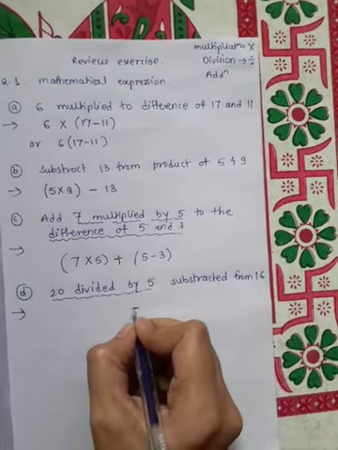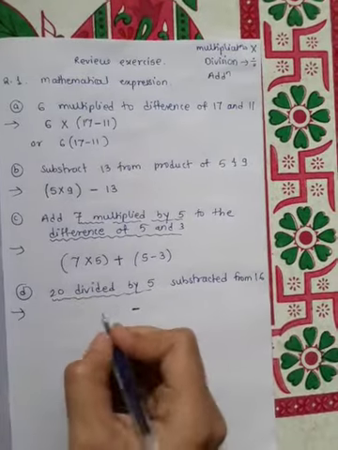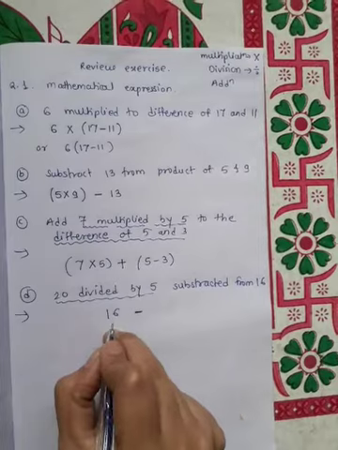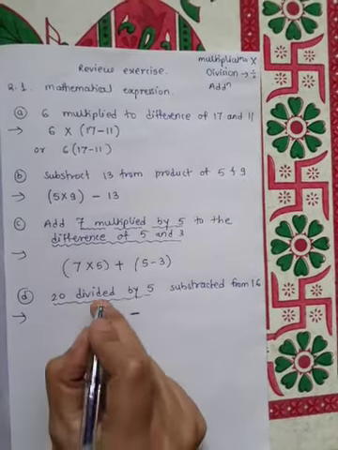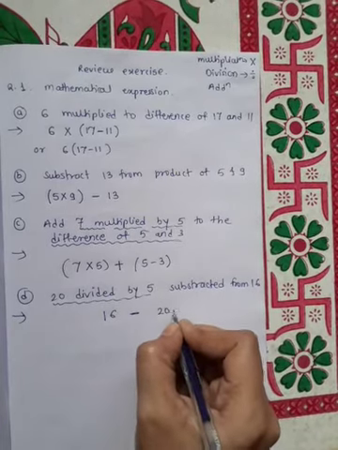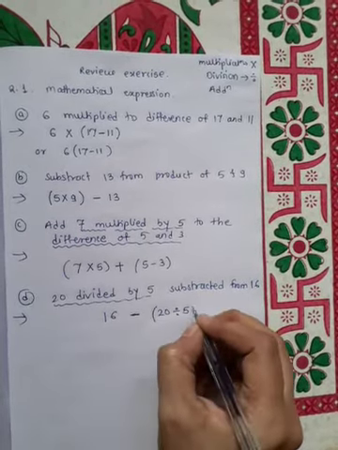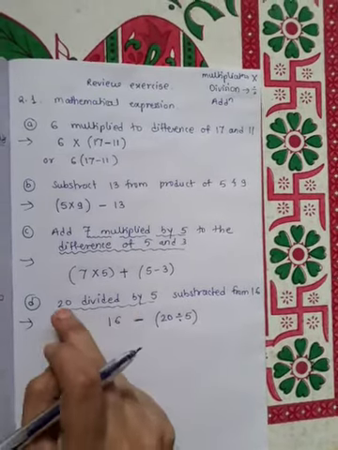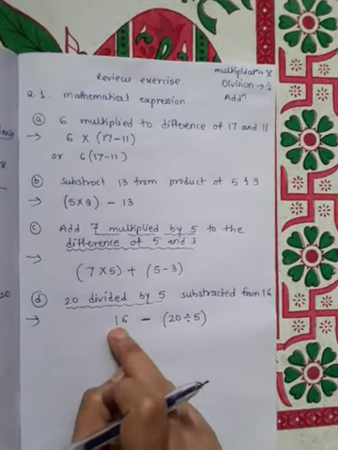So we write 16 first, then the minus sign, and then this term. 20 divided by 5 means 20 divided by 5, and we put a bracket here because this whole term is subtracted from 16.